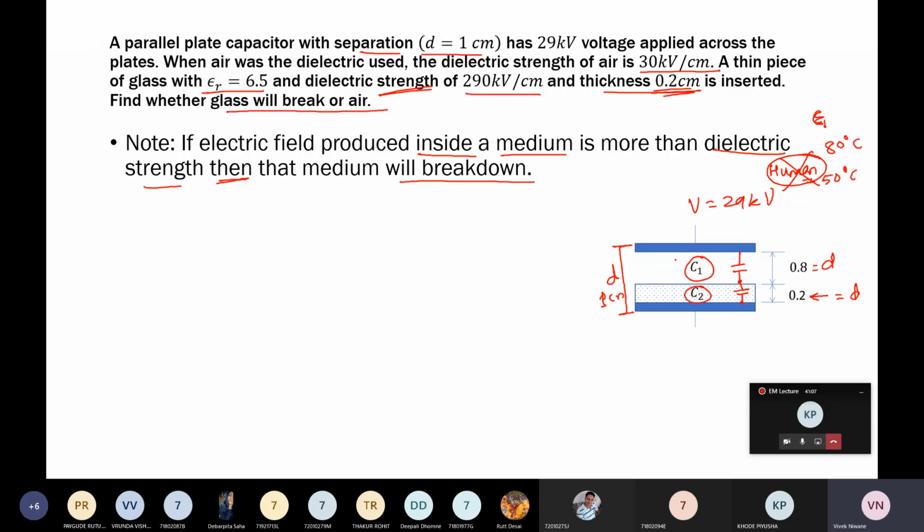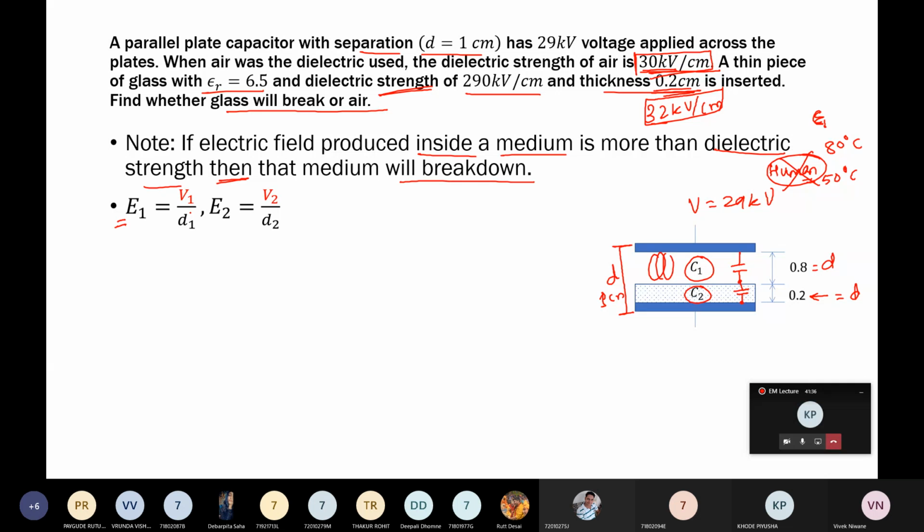Same way in a dielectric material, if its strength is, let us say for an example, 30 kilovolt per centimeter, and the field produced inside the capacitor is, let us say, 32 kilovolt per centimeter. So this produced electric field is more than the strength of the material. So that material will break down. मतलब रेटिंग से ज्यादा अगर वोल्टेज क्रिएट हुआ तो दैट मटेरियल विल ब्रेक डाउन. दिस इज द अंडरस्टैंडिंग.